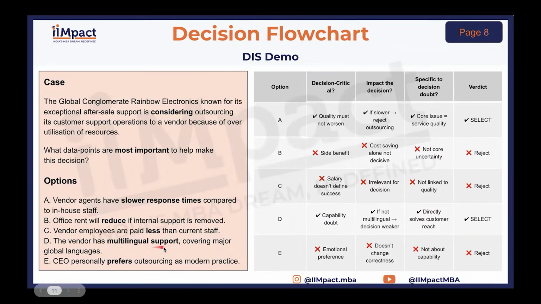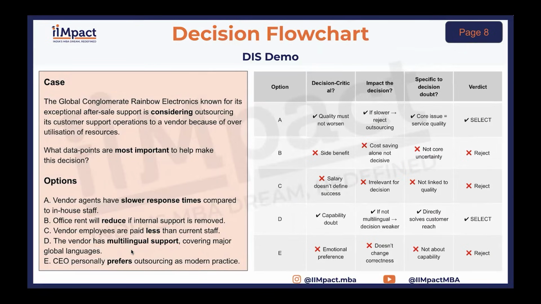The vendor has multilingual support covering major global languages. Now, this is a good option to have because while it does not cover the exceptional after sale part, it does address the other issue that I had, that my customers will be globally located. So yes, it is decision critical information. If the vendor is not multilingual, will that have an impact on my decision?